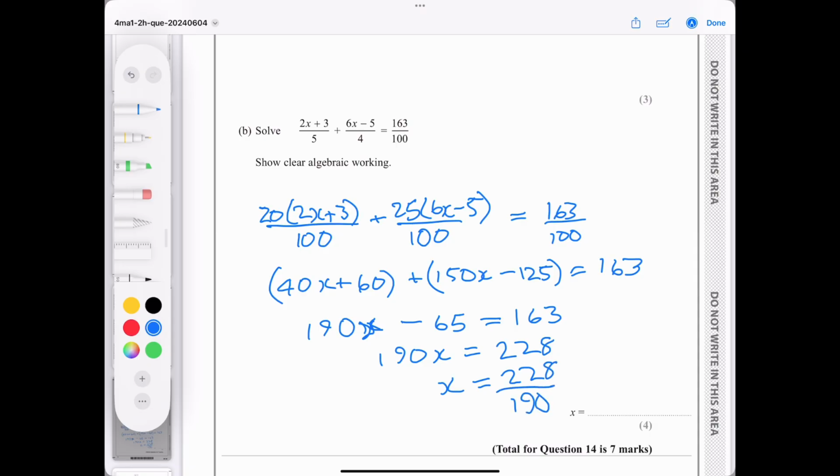Let's just see what that gives us in terms of if that's right. 228 divided by 190 equals 6/5 or 1.2.